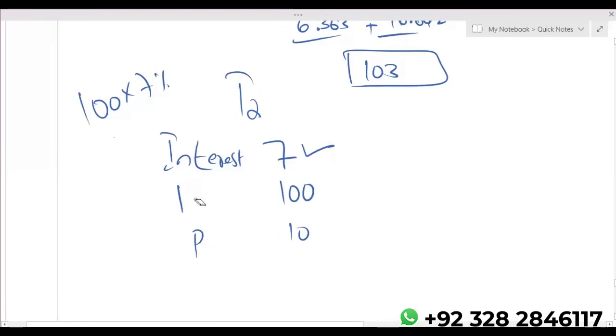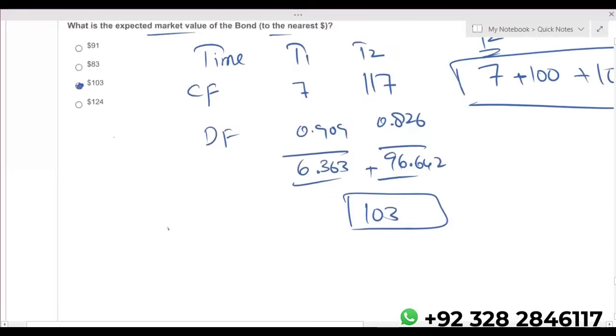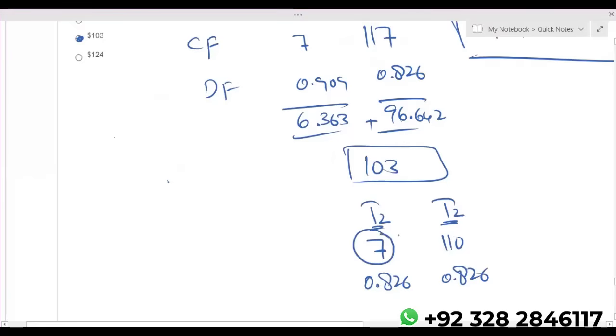Okay, students, you can do one thing, please. If this addition is having problem with you, in the second year, you can separately show 7. Then again in the second year, you can show 110. But please, discount factor will remain 0.826. Because in the second year, you have to pay interest as well as redemption amount also.